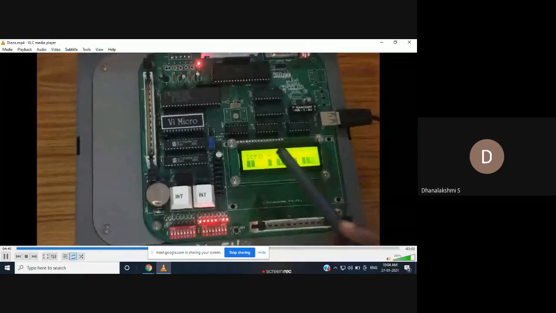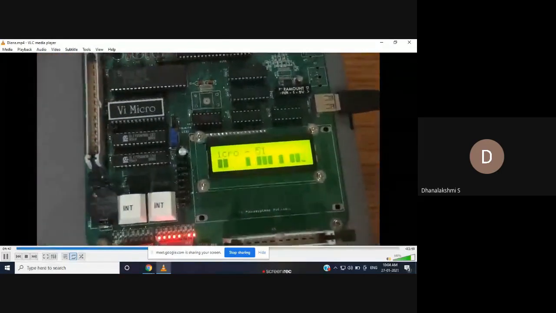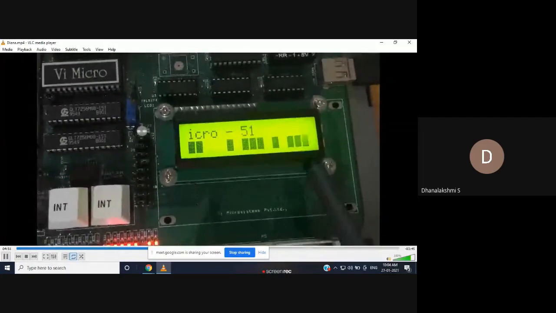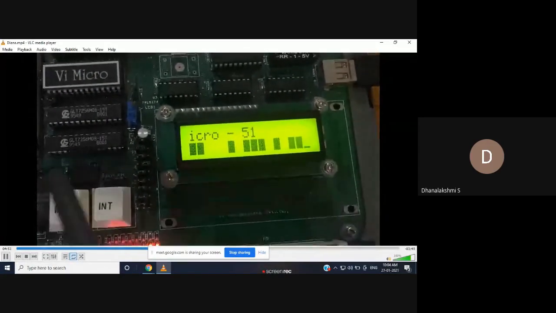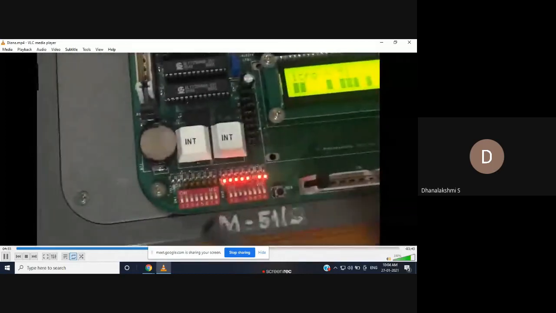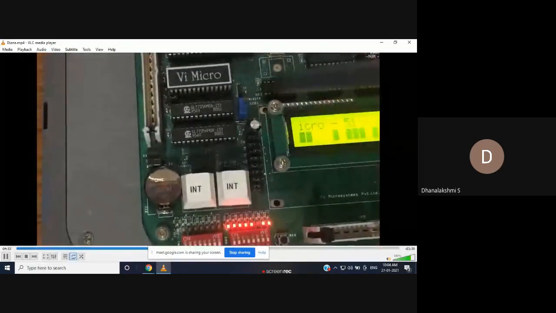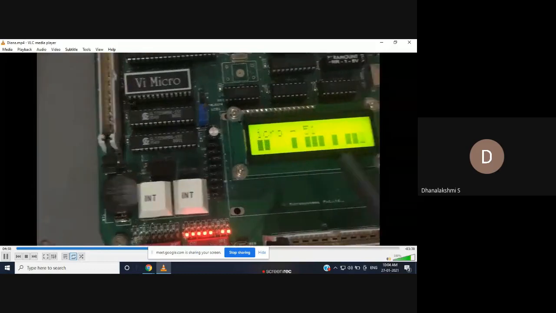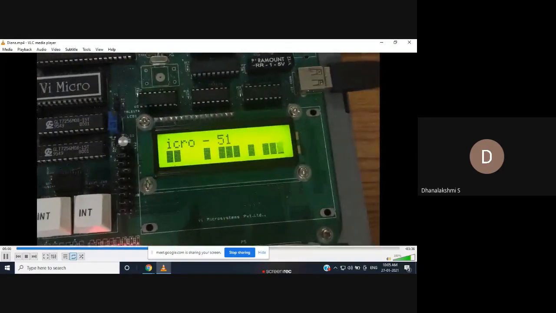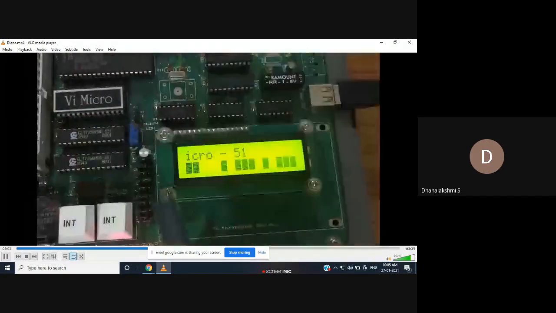And you can find here a 16x2 alphanumeric LCD, and it is driven by buffer 74LS244 IC. So this is the buffer IC for this LCD. And you have 3 connectors.